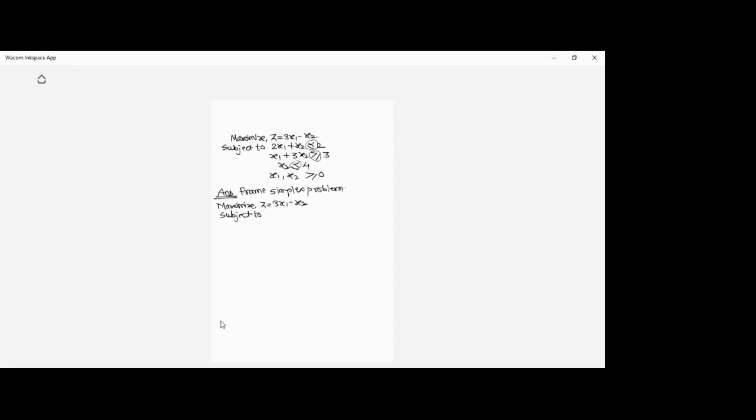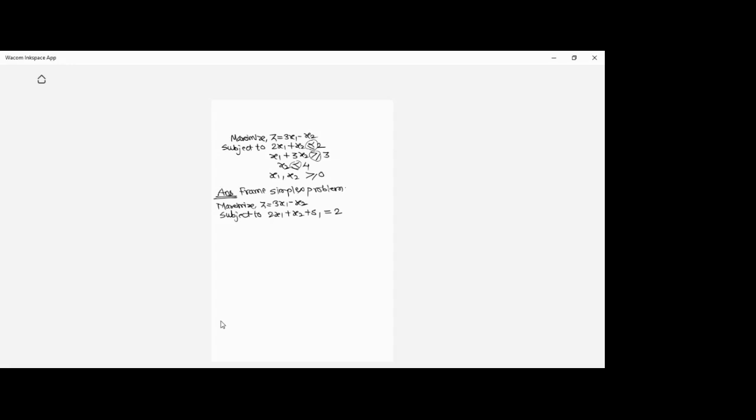We will be adding the slack variables only. So it will be 2x1 plus x2 plus s1 is equal to 2. Do we need to add any artificial variable here? No, because it does not consist of a greater than or equal to sign. So there is no need of adding an artificial variable, right?